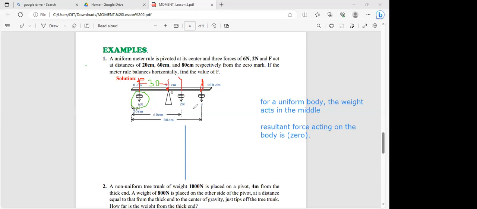Then the distance of these 2 newtons from the pivot is 60 minus 50, which will give us 10 centimeters. And then the distance of F from 50, remember F is at 80 centimeters from 0. That means from 50, it is going to be 80 minus 50, which is also 30 centimeters from the pivot.